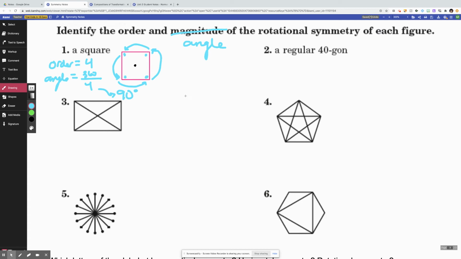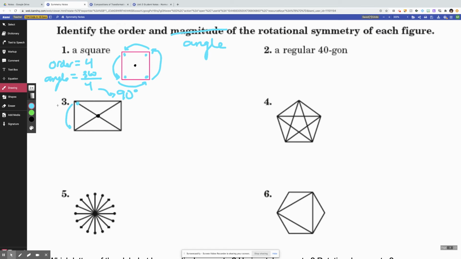Okay. All right, for number 3, it's very nice. We already have both a point in the middle as well as a drawing, so it's a little easier for us to track. Okay, so here, this is very similar to the one that I did in the example video for you, not the previous video, not the practice problems one, this one that we're watching right now. But this one, like if I took this and I rotated it 90 degrees only, it would look like that, right? So it wouldn't map back onto itself.